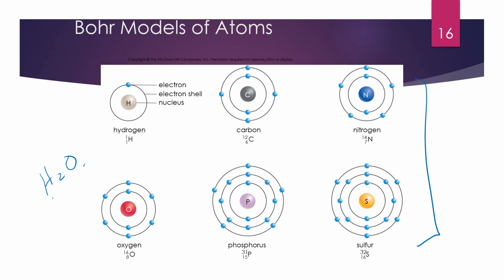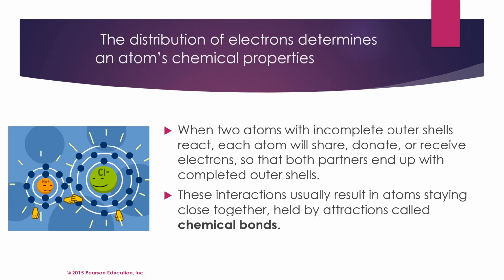Water is H2O, which means there's 2 atoms of hydrogen and 1 atom of oxygen joined together to form 1 molecule of water. So in the next PowerPoint or lecture, we're going to talk about how atoms can come together to form molecules and the types of ways that they can do that. And those are called chemical bonds. So that's what we're going to talk about next lecture.